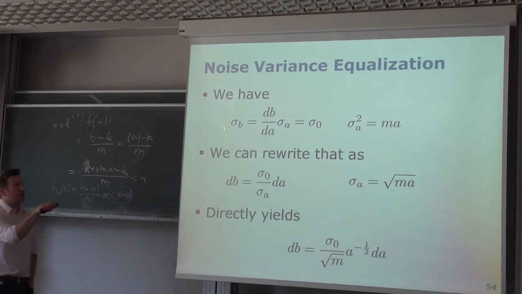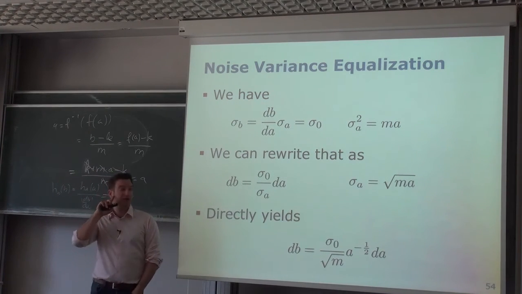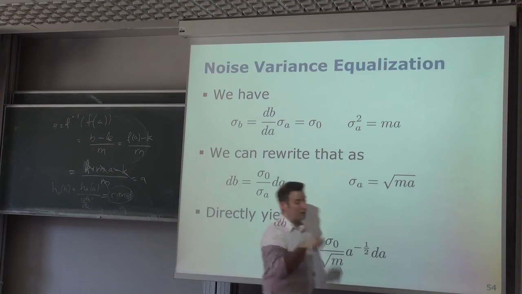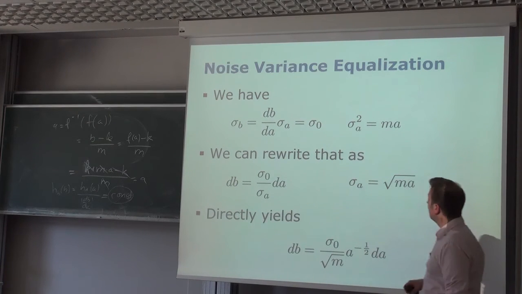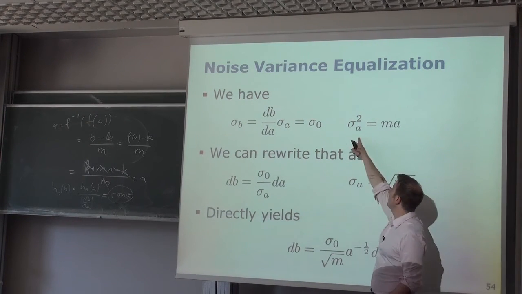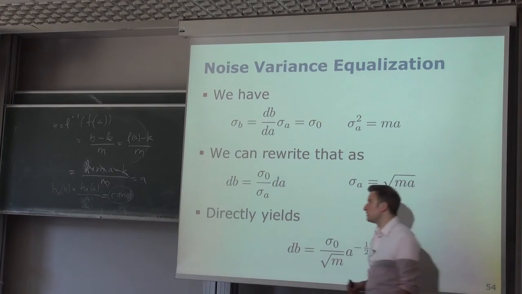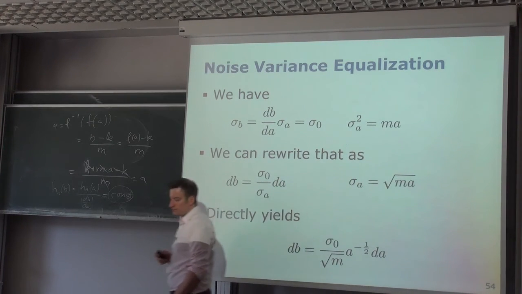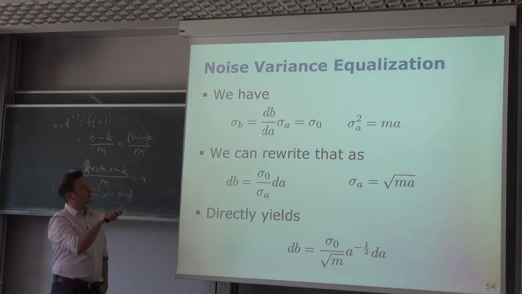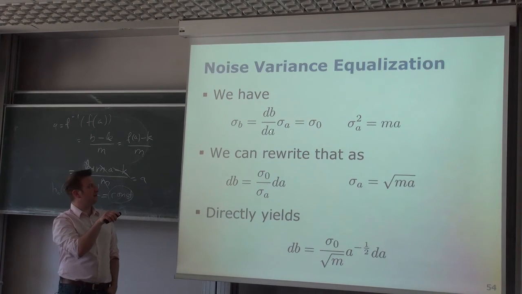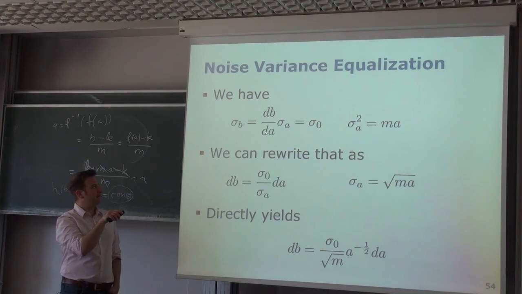Okay, so this was just a copy-paste from the previous slide, and we have our copy-paste of the assumption about the relation between the variance and the measured intensity values. What I can now do is simply multiply by dA, so dA moves here, divide by sigma A, which goes down here, so I end up having this relationship over here.